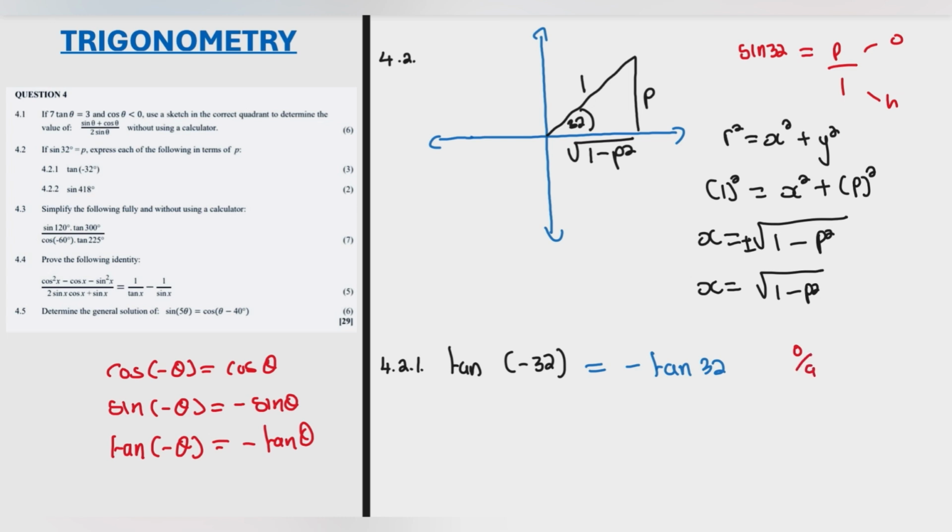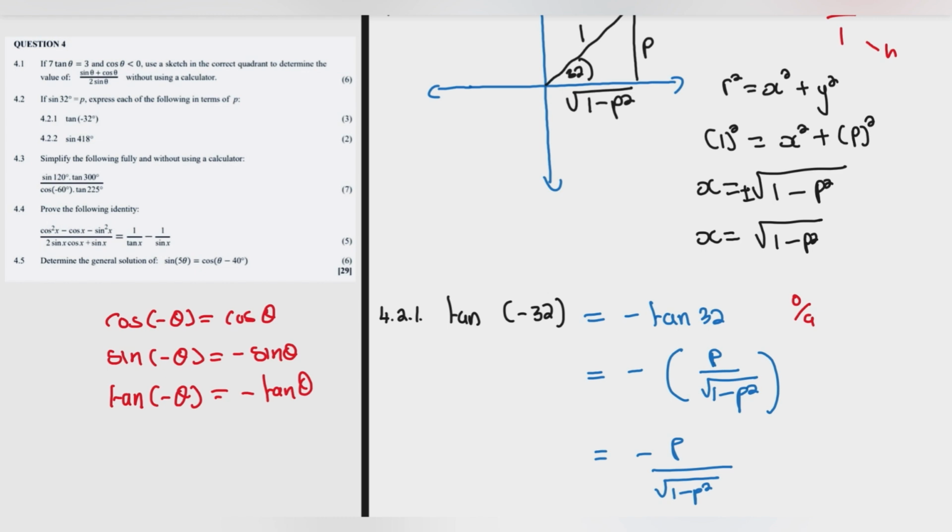So we have to look at the opposite side. What is the opposite side of this angle there? It is your p. And the adjacent side is what you have there. So your answer will be negative the ratio of tan 32, which is p over square root of 1 minus p squared. That is your final answer.